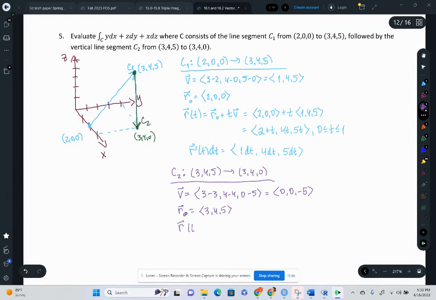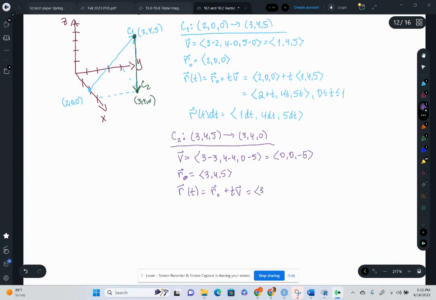And then remember r of t is r naught plus tV. So I put everything in. We have our 3, 4, 5 plus t times 0, 0, negative 5. And this all simplifies to be 3, 4, and 5 minus 5t. Then I need my r prime of t dt. And that is going to be, looks like 0, 0, negative 5 dt.